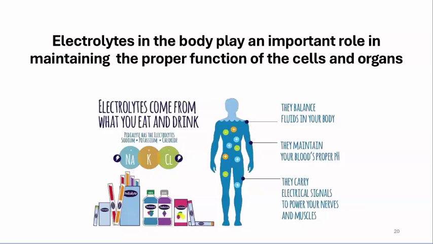The importance of electrolytes is that they balance the fluids in your body. They carry electrical signals to power the nerves and the muscles, and they help maintain your blood's proper pH. The concept of pH is going to be explored in the next chapter.